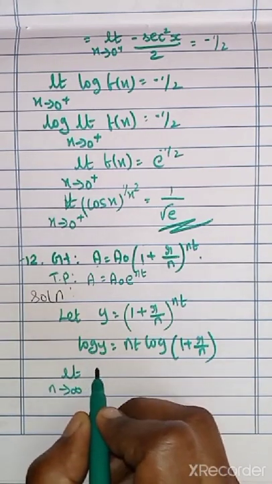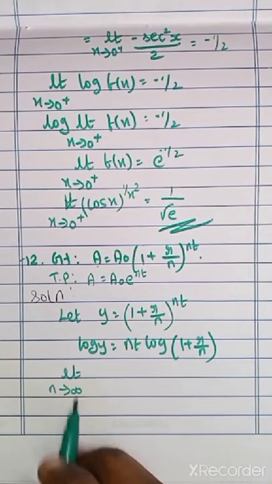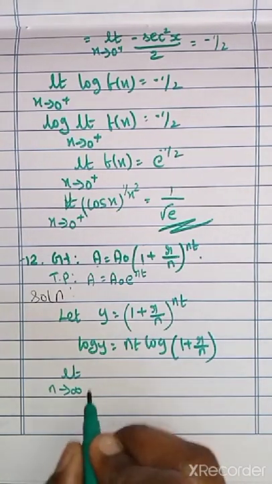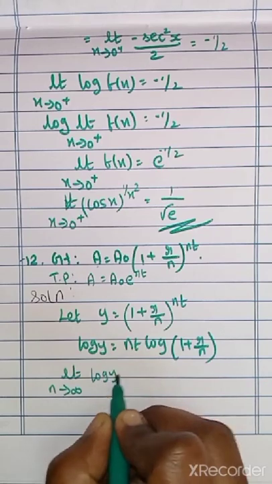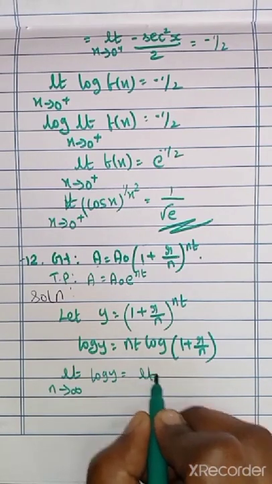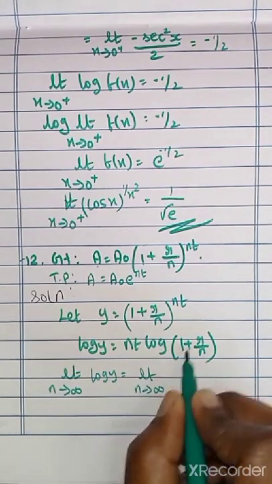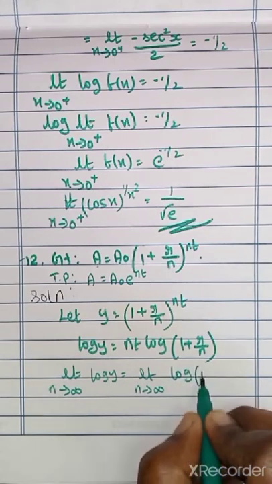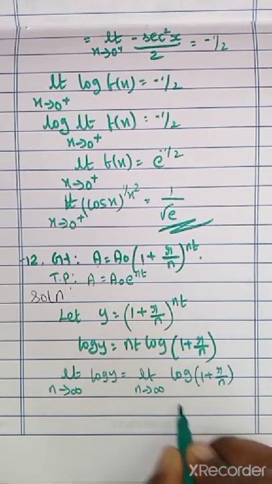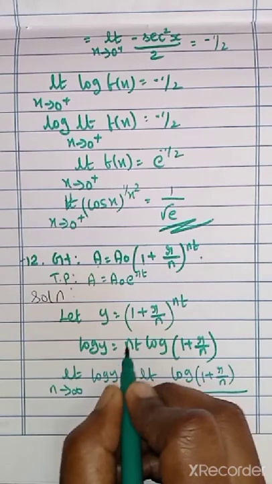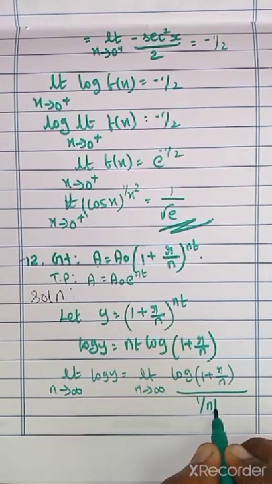It is given in the question that n tends to infinity, so limit n tends to infinity log y equal to limit n tends to infinity log 1 plus r by n divided by 1 by nt.